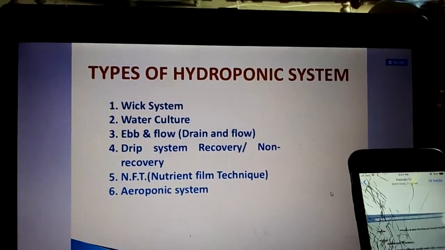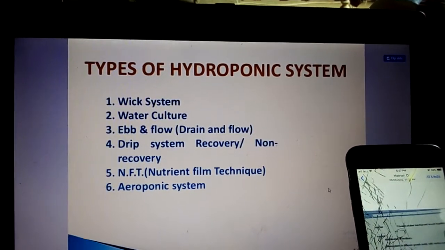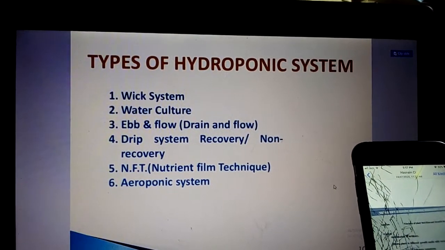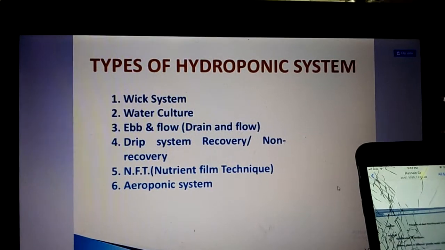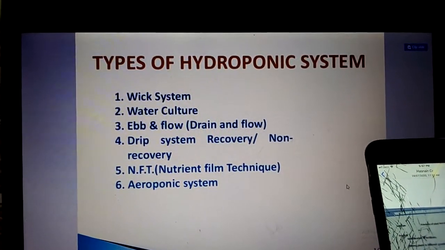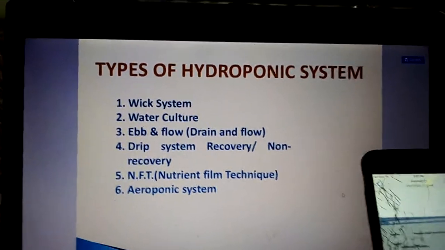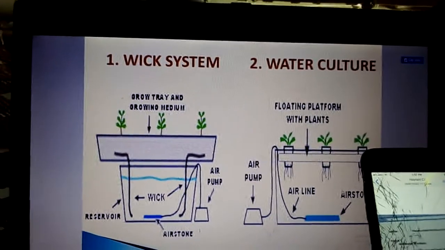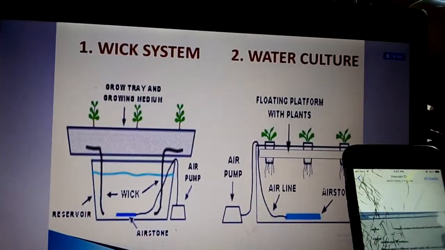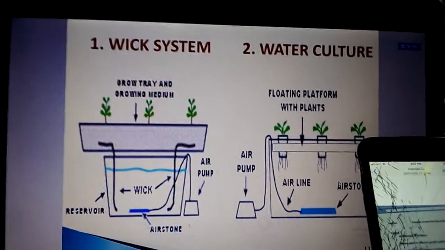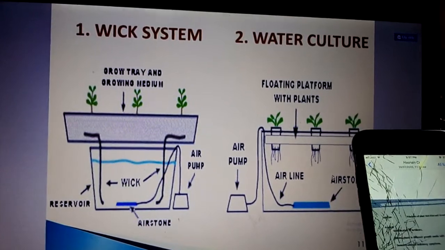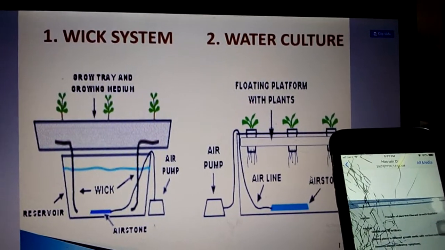Now the question is, what are the types of hydroponic systems? Here we have the wick system, water culture, ebb and flow, drip system, recovery, non-recovery, and nutrient film technique, and the last one is the aeroponic system. The first one is the wick system. Here we have to use a wick in this system. The second one is water culture.